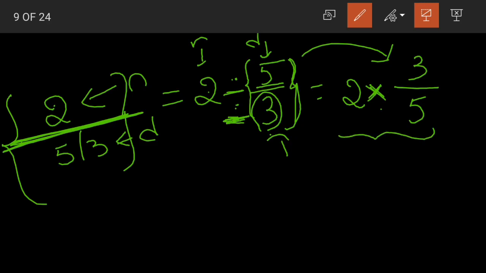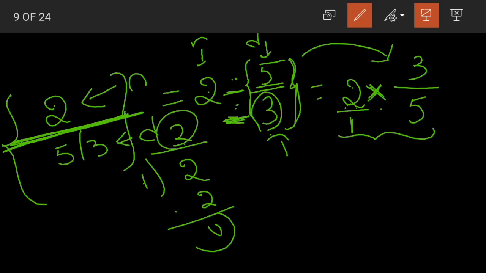Now how do you multiply these two? Whenever we have a number with no denominator, we assume that its denominator is 1, because if I divide 2 by 1, the answer will be 2 only.